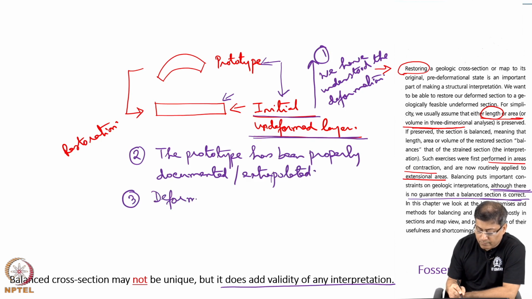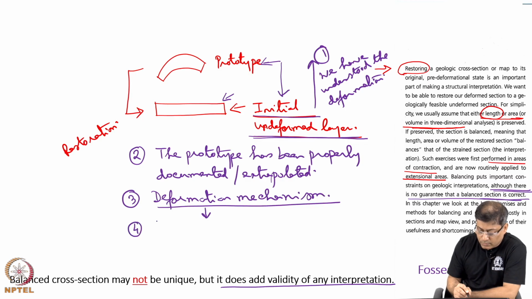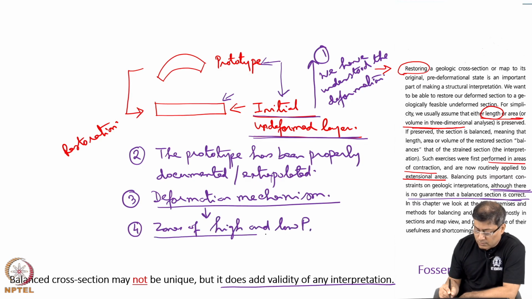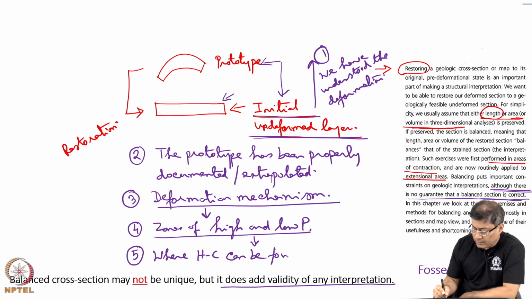The third important point is if we know the initial undeformed layer position and the prototype, we know the deformation mechanism very well. This can give us a good idea about the zones of high and low pressure that led to deformation. If we know the zones of high and low pressure, then we can comment with more surety where hydrocarbon can be found within the structure, if at all it is present.